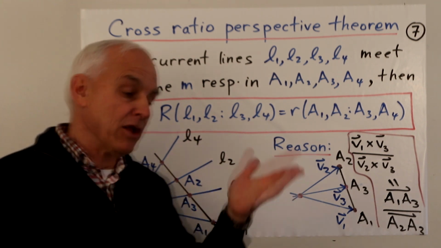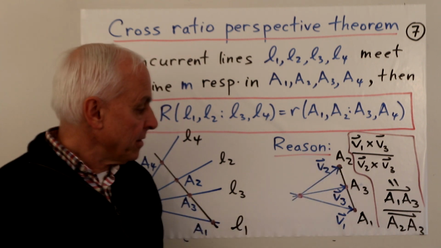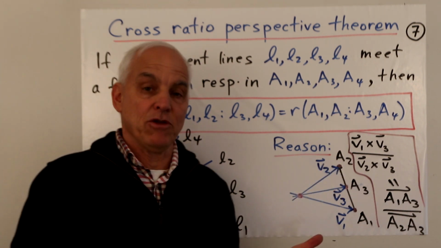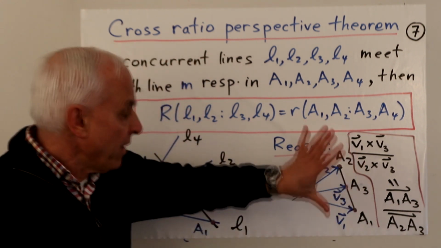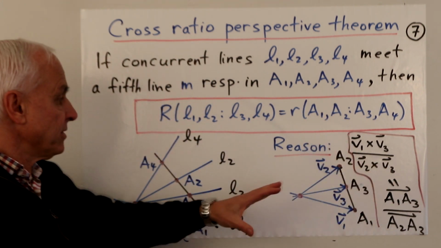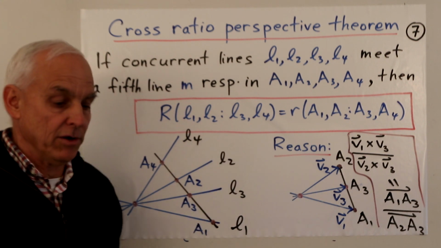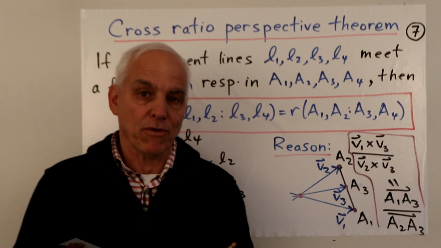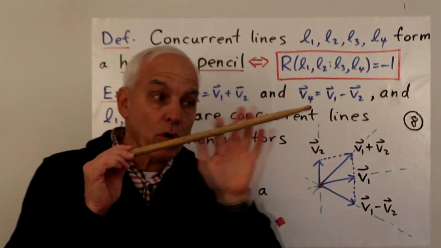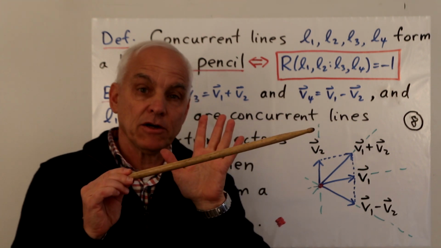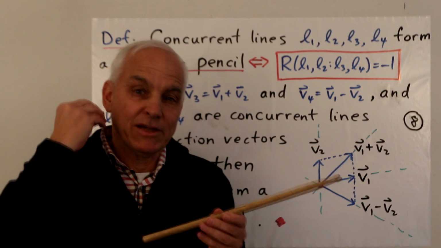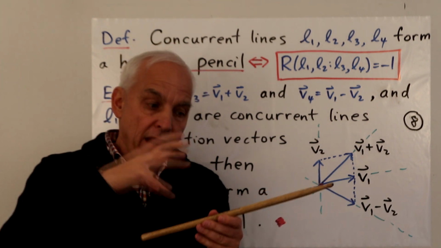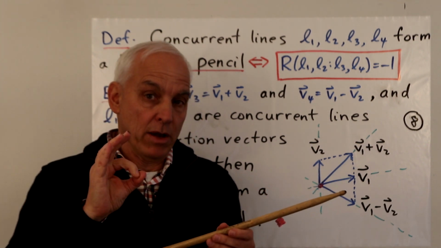So in the algebraic calculus course, this is just a fundamental little computation that you make about the properties of the cross product. And when you stick that into both sides of this thing here, you see that that's responsible for this theorem. Now, when we had 4 collinear points, we had the idea of cross ratio of those 4 collinear points and the corresponding idea of harmonic range when the cross ratio happened to be -1.